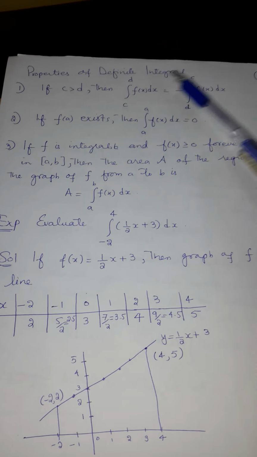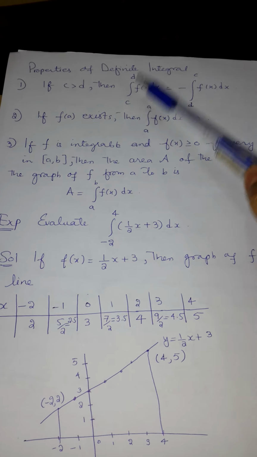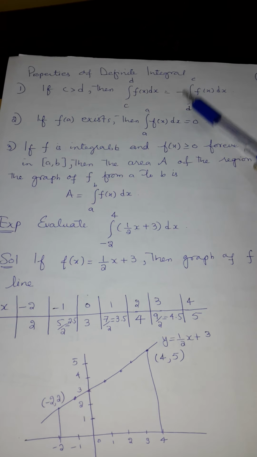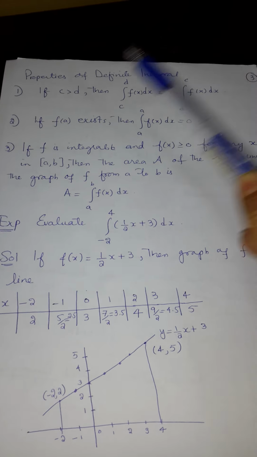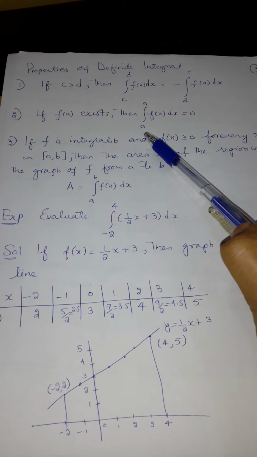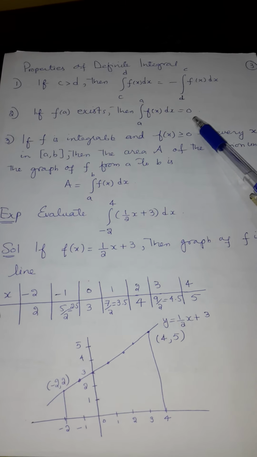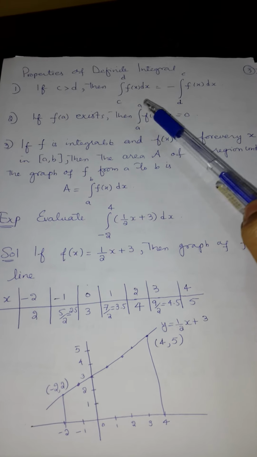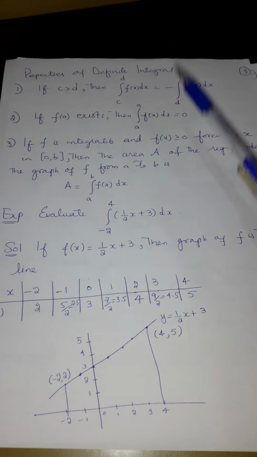That means if we reverse this integral from d to c, then we also apply a negative sign with this integral. If f of a exists, then the integral from a to a of f of x with respect to x is 0. That means at a point the area under the curve is always equal to 0.